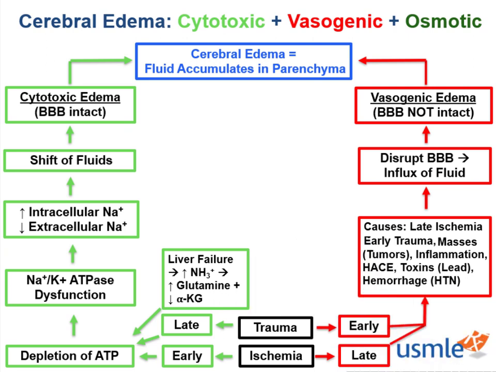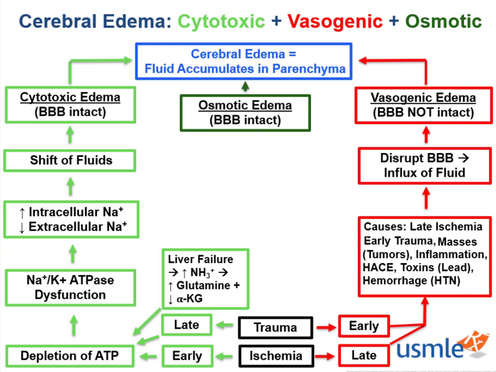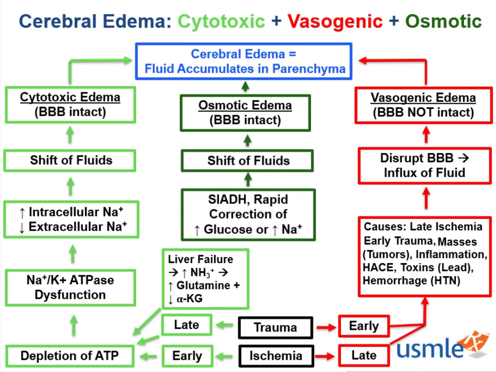Lastly, osmotic edema is another subtype of cerebral edema where the blood-brain barrier remains intact. Essentially, osmotic edema occurs due to an osmotic insult that leads to fluid shifts. For example, in the setting of SIADH, hyponatremia is present.